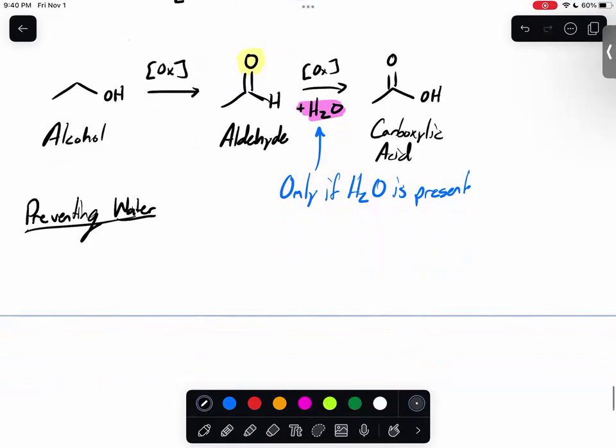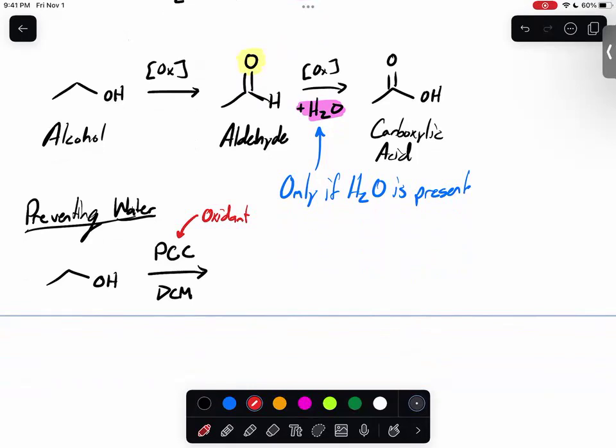Because if we take a primary alcohol and we use what is called PCC in DCM, what'll happen is the PCC actually acts as our oxidant, right? And essentially, it's the same type of oxidant, just slightly different to make it actually work. It's still chromium.